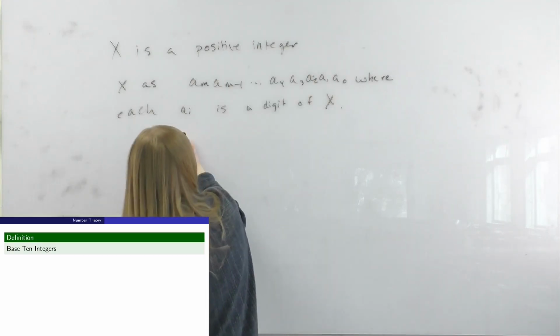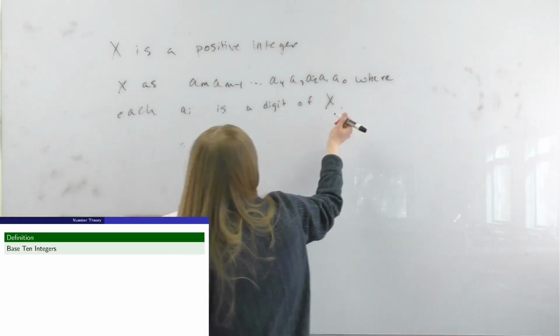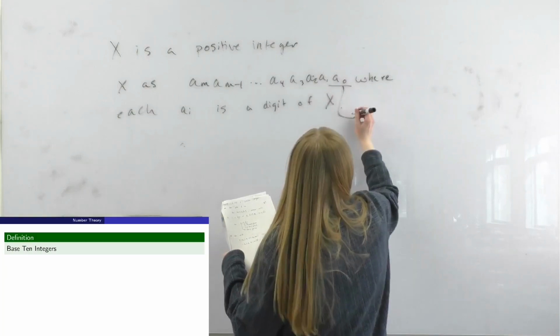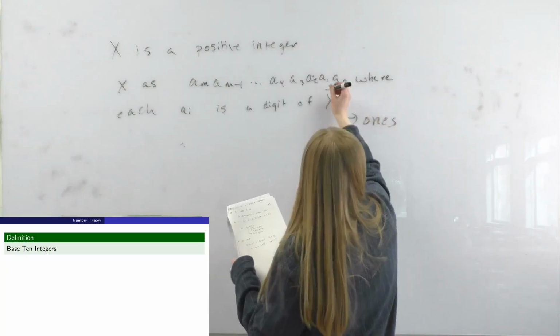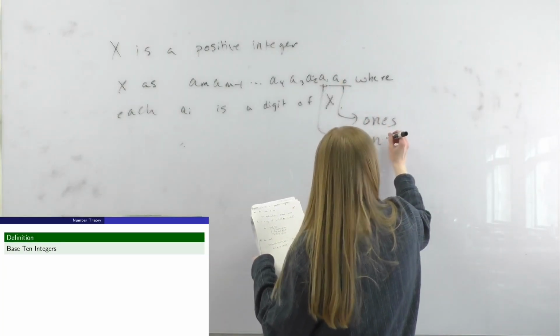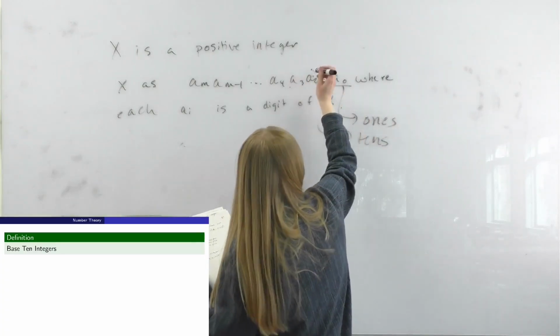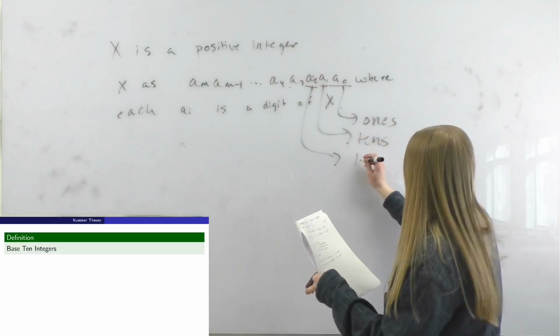This is the ones place of x, this is the tens place, and this is the 100s place.